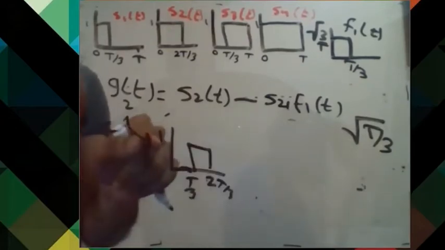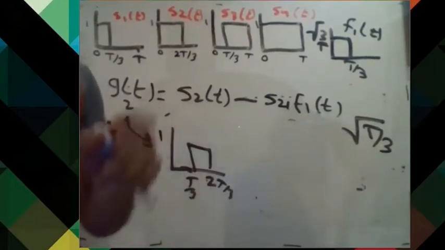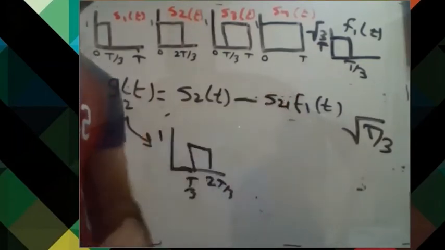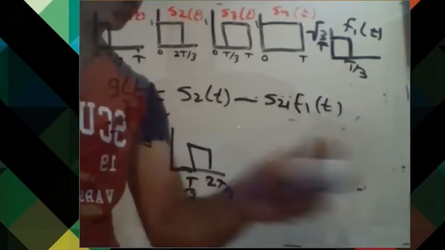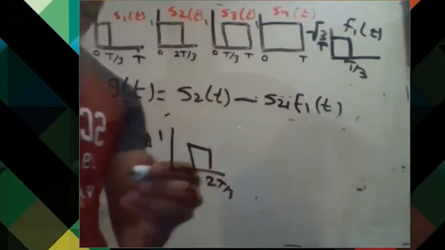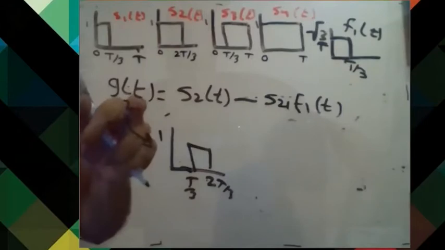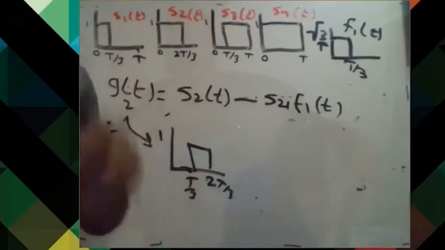When 1 divided by under root t by 3 comes, we can take the under root 3 up, and we'll get an answer like this. That answer is equal to F2. So when I divide this signal by the under root of its energy, I get F2.